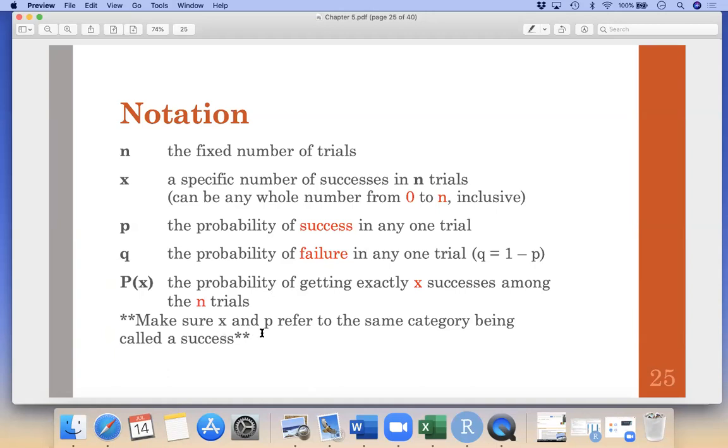Then you have to make sure that x and p refer to the same category being called a success. So x is about successes and p is also about the success probability.